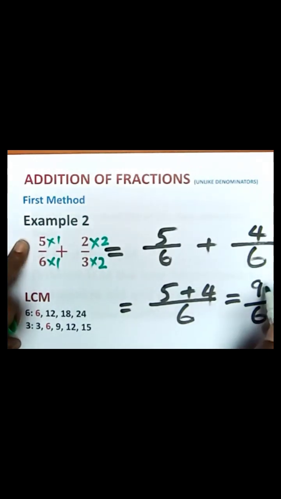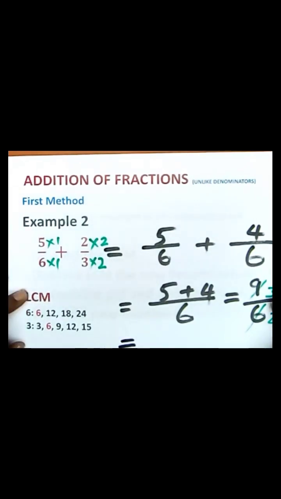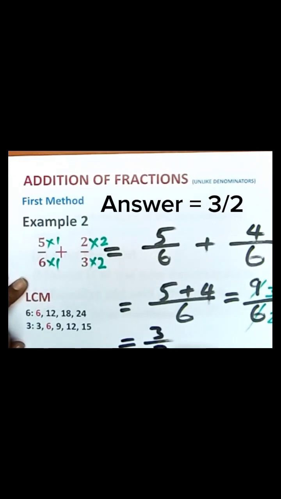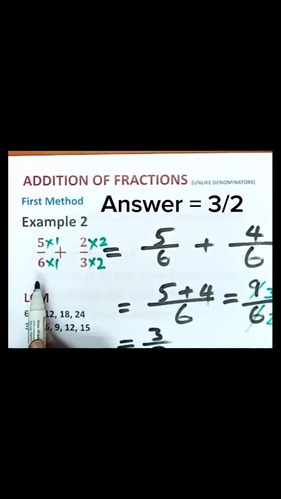So if we divide 9 by 3, we will get 3, and if we divide 6 by 3, we'll get 2. So the new answer is simply 3 over 2. And that's the answer to this question, 5 over 6 plus 2 over 3.